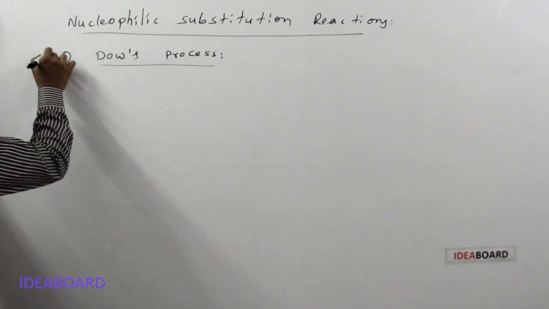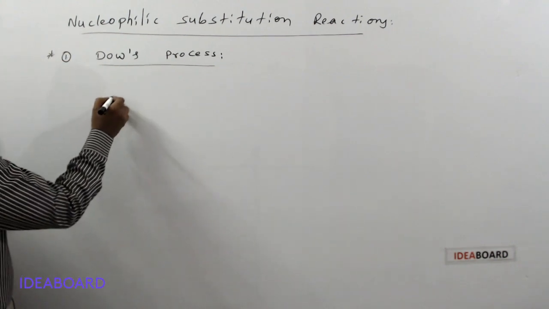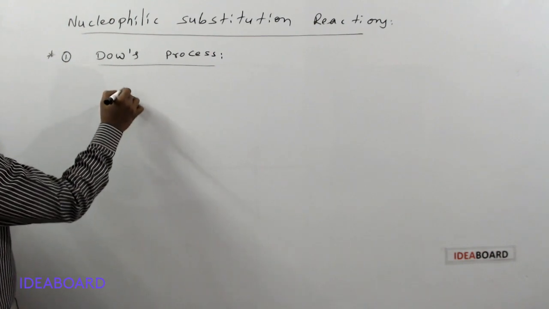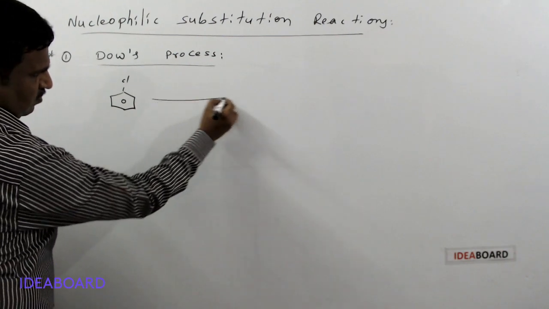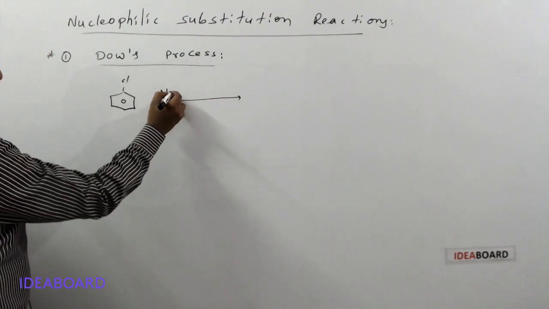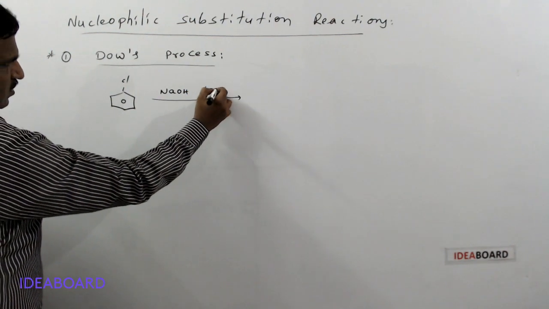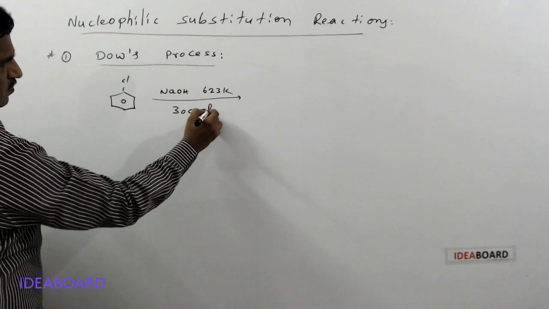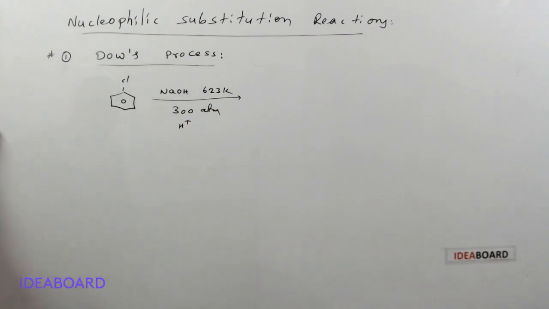What is the process? Suppose we take chlorobenzene. This chlorobenzene reacts with sodium hydroxide at 623 Kelvin temperature and 300 atmospheres pressure, followed by acidification.